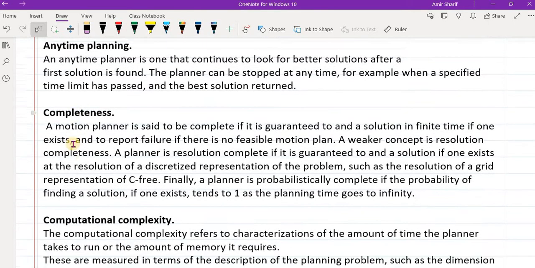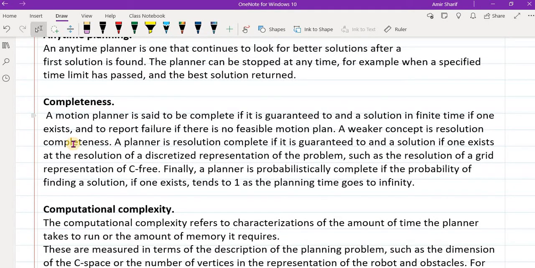Another property of motion planning is completeness. Completeness is related to finding the solution if it exists. It's actually a guarantee that your solution will be found.